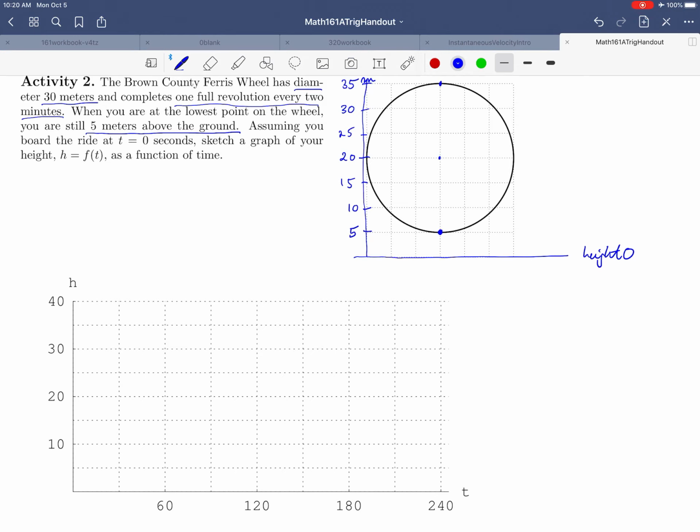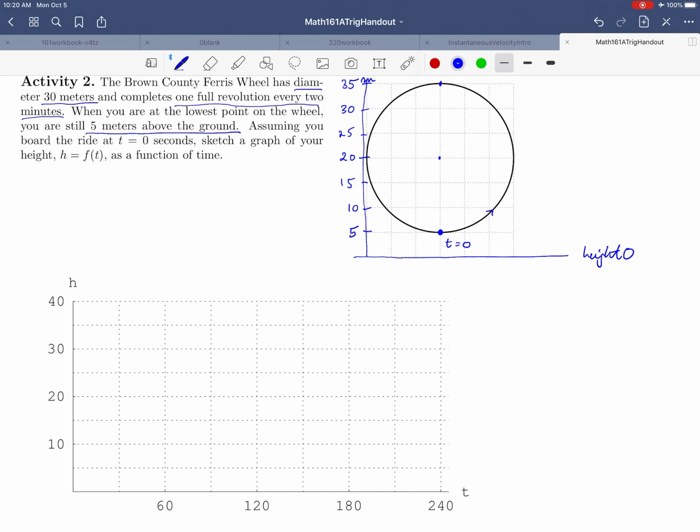We are riding around the Ferris wheel. We're going counterclockwise, so we are entering right here, and then we're going counterclockwise. And we are entering this at t equals 0 seconds. And it's taking us 2 minutes to complete one full revolution.